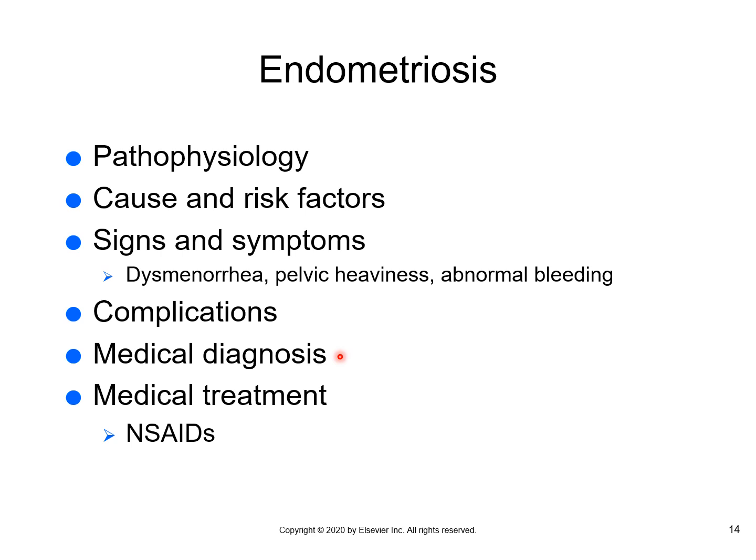All right, medical treatment. So we can give anti-inflammatory drugs to relieve the pain, like your NSAIDs. Another thing is that we can give them some hormones, right? Gonadotropin releasing hormone agonists can actually help because they cause the estrogen level to fall.